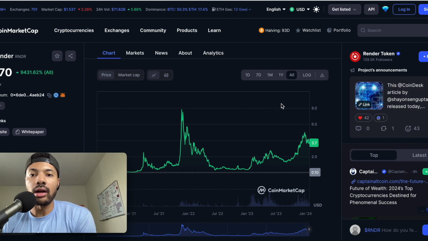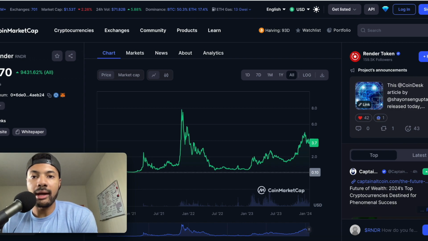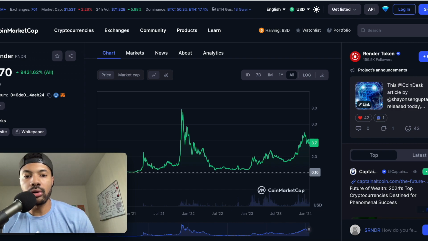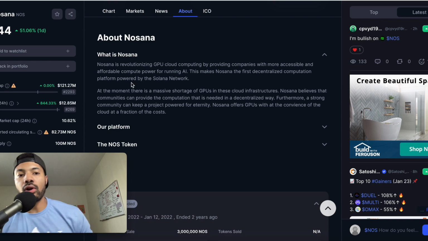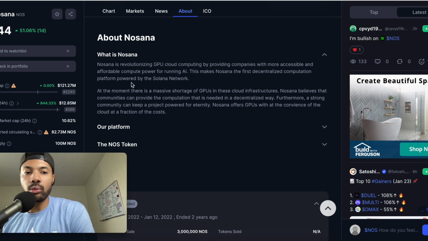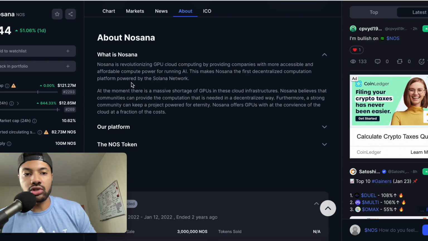Now, going back to what I talked about earlier, you heard me mention Nosana. Render actually just partnered with them, and basically it's a leverage. This is making Render and the Render network stronger.